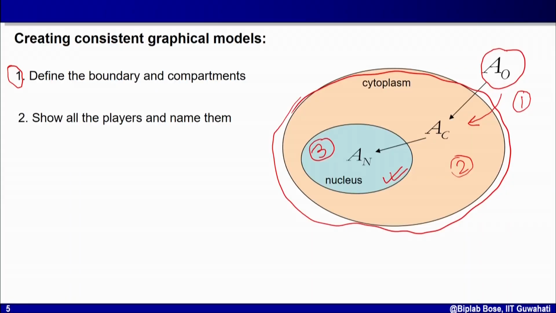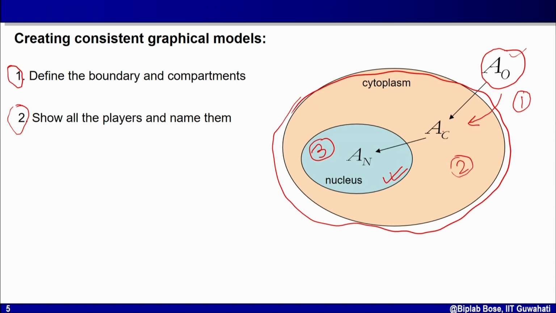The second point is that you have to identify all the players involved in the process that you want to model. For example, in this example that I have drawn here as a graphical model, the molecule is present initially outside, as I have marked, that AO, means A, molecule A, present outside the cell.